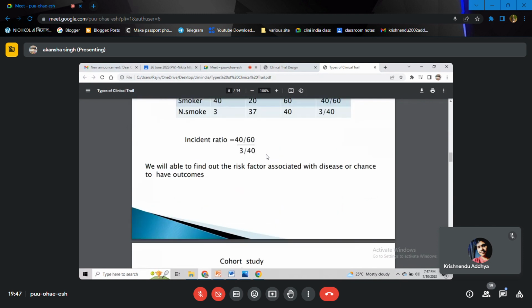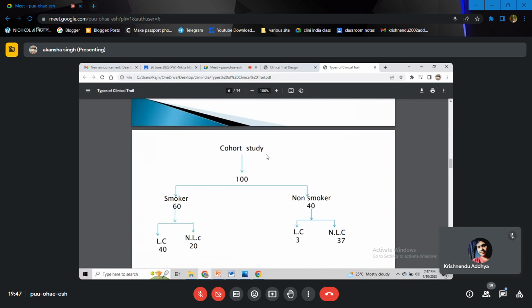Suppose in the cohort you have taken a sample size of 100 people to survey. Out of this, 60 are smokers and 40 are non-smokers. Out of the 60, 40 people develop lung cancer. Smoking does not mean that if you smoke today, you will get lung cancer tomorrow.